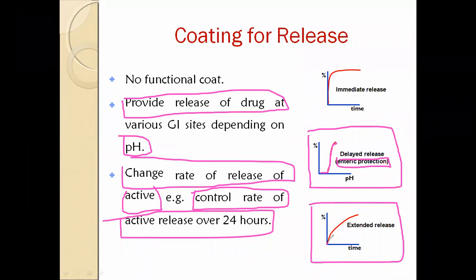You can see over here in the graph that the release pattern of the drug has been extended. So this is one of the reasons why coating plays a very important role in providing functional properties, where we can modify the release pattern of the core which we have coated. So I hope this point is clear to you, students.